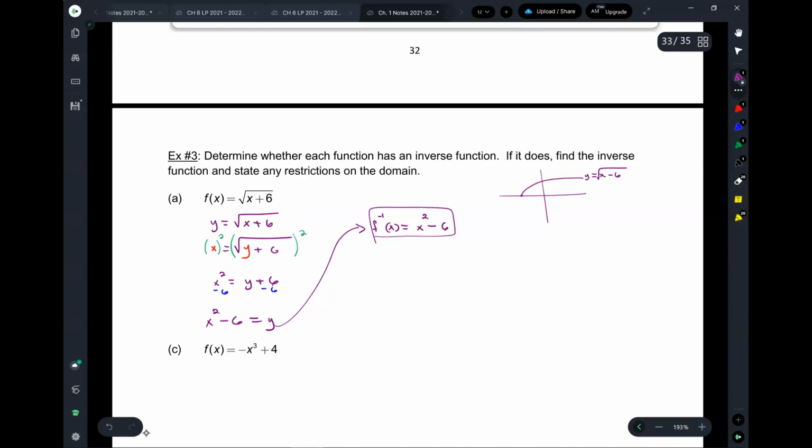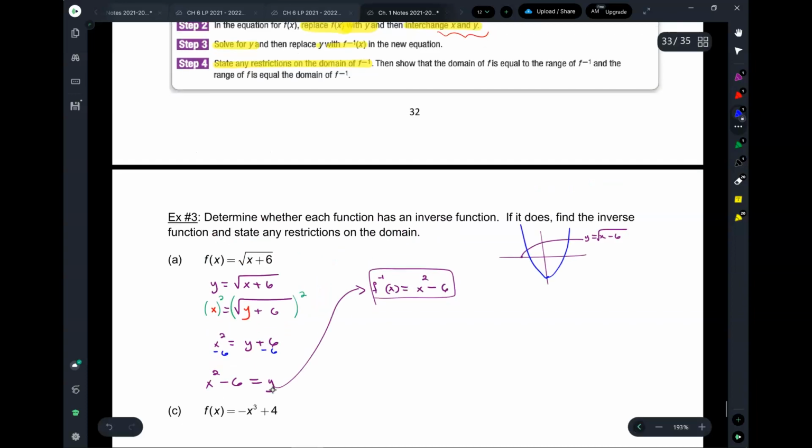Okay? When I found the f inverse, what kind of graph does that give me? What is it? Oh, it's a square. It's a parabola, right? So when I graph that parabola, it looks like this. Okay, now look. You see how this only had one arm, right?